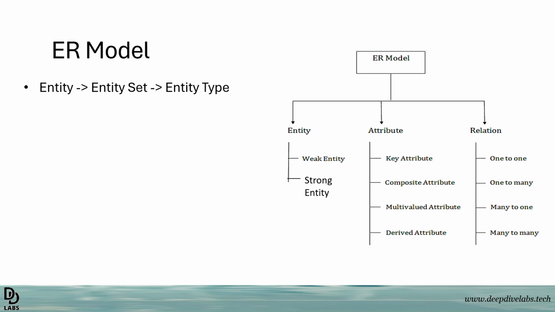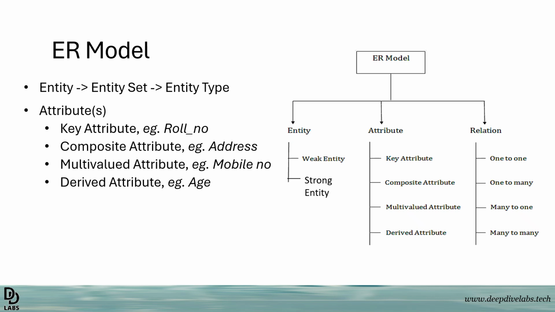There are entities which are weak, there are entities which are strong. Entities which are weak are entities which don't have a corresponding key. We'll talk about key in just a bit. Whereas entities which are strong are entities which have a key associated with them. Each of the entities has a bunch of attributes or descriptive features of the entity, right?